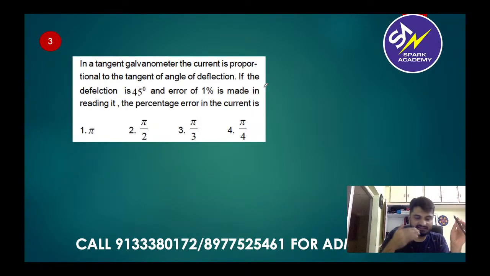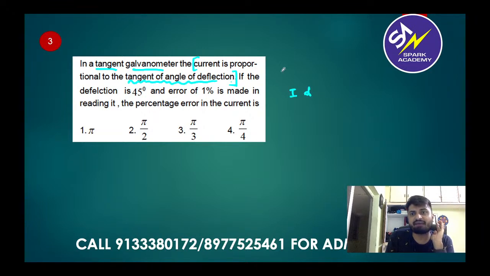So let's increase the level of difficulty a little. Next, in a tangent galvanometer, the current is directly proportional to the tangent angle of deflection. What does this mean, guys? Current is given by I. They are saying it is proportional to the tangent of angle of deflection.